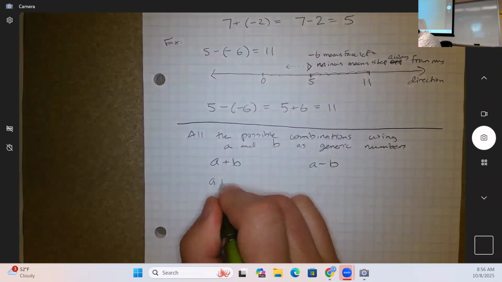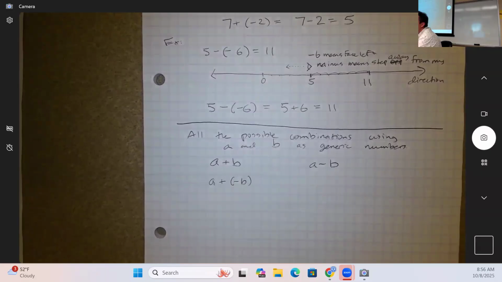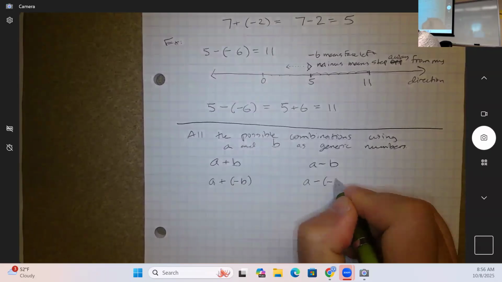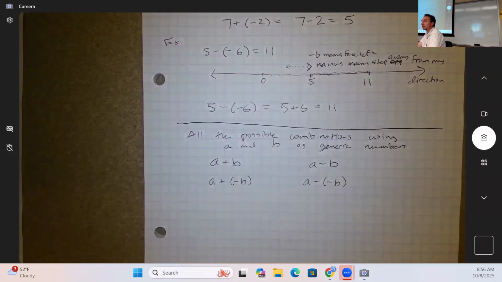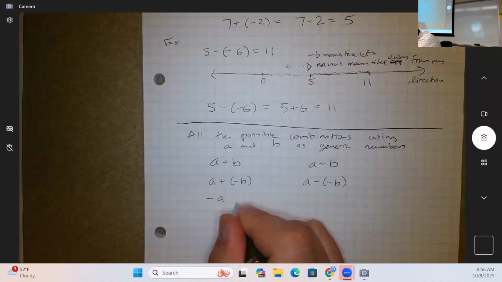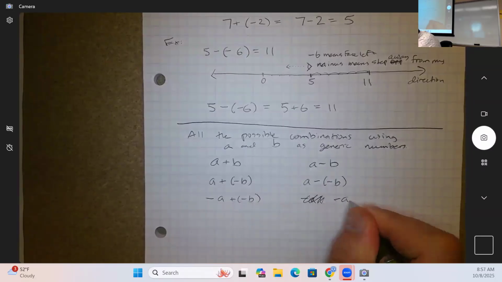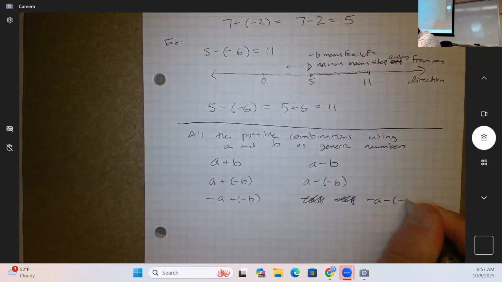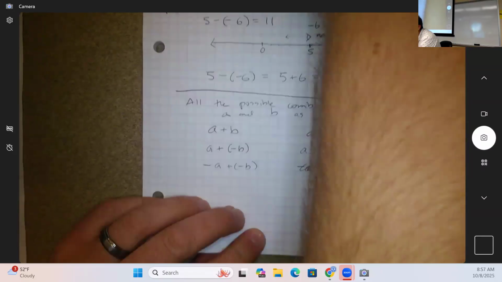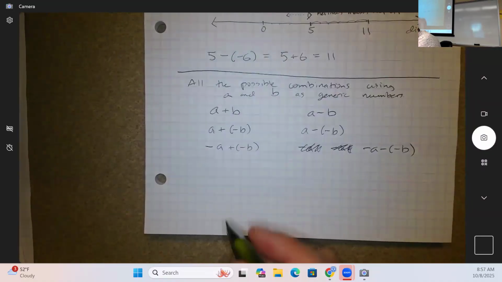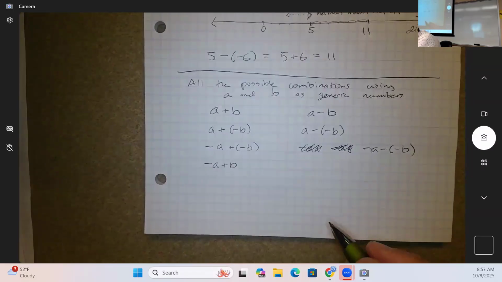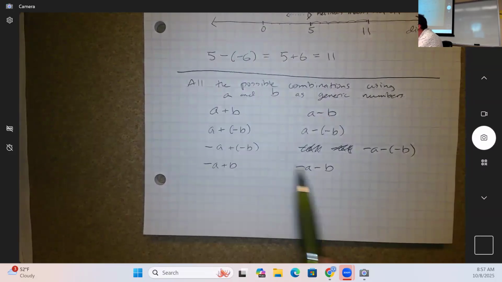But we also have A plus negative B and A minus negative B. And we also have negative A plus negative B and negative A minus negative B. And technically, we also have negative A plus B and negative A minus B. And that's not even switching which letter comes first.